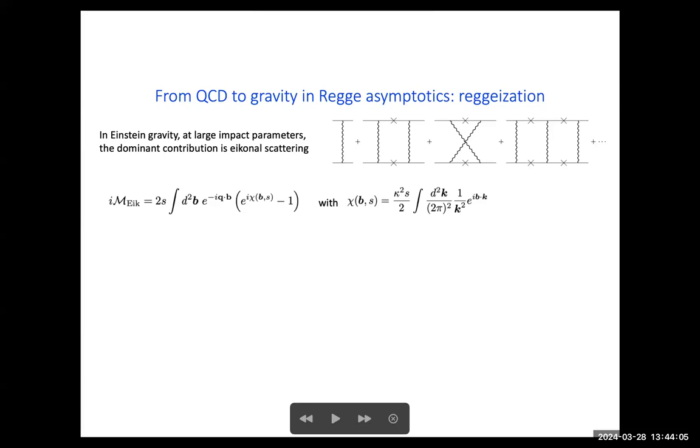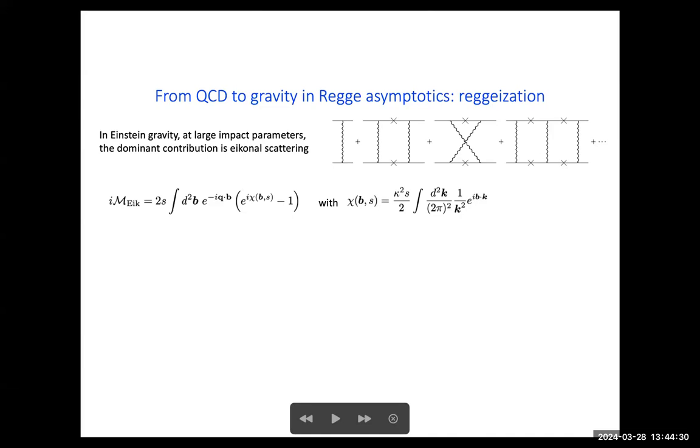But now if I want to have multiple scattering, as these get closer, then it can be represented diagrammatically in this way, where these objects are eikonal propagators. So they have the structure which is 1 over p dot k, right? It's not fully off shell. These are eikonal objects, and you can resum this to all orders.